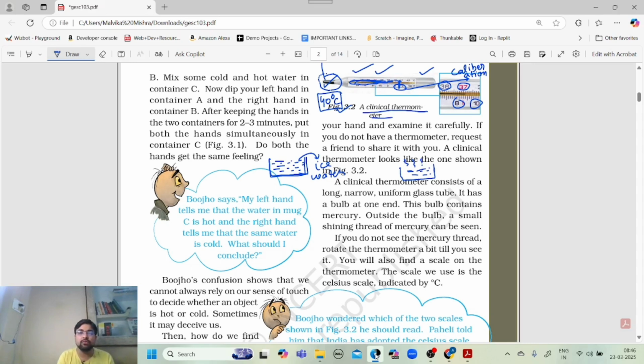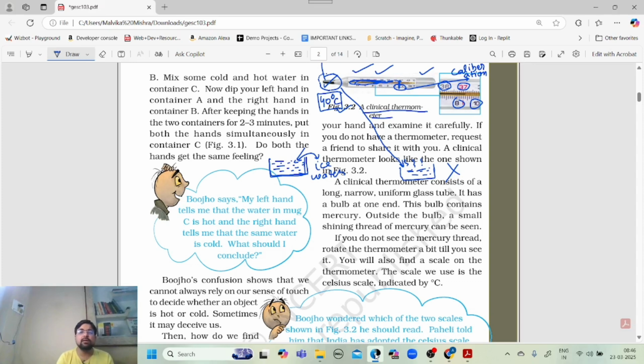So what you will do, you will put this bulb inside this hot milk or inside this cold water, and you will try to read the thermometer after 1 minute, but it will not work. It will not give you the correct reading.